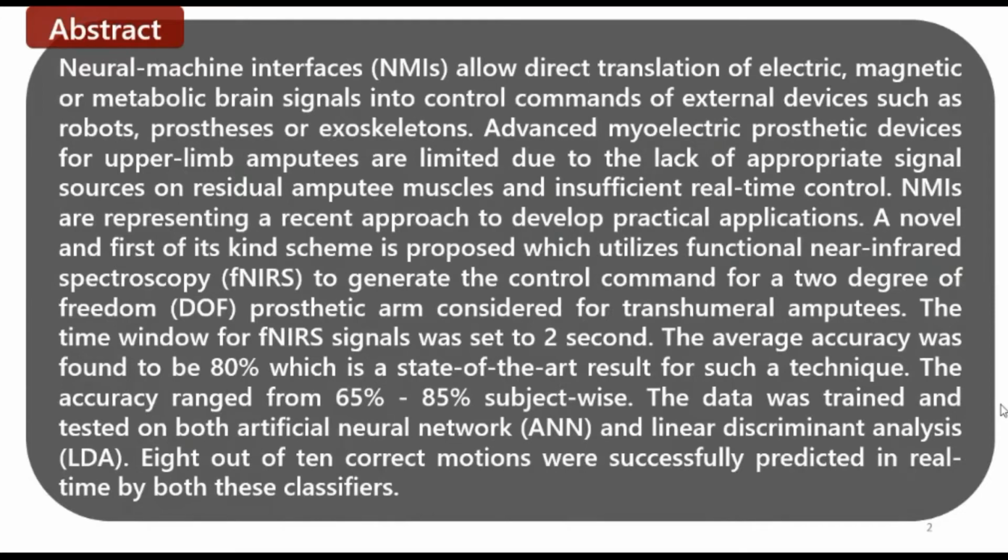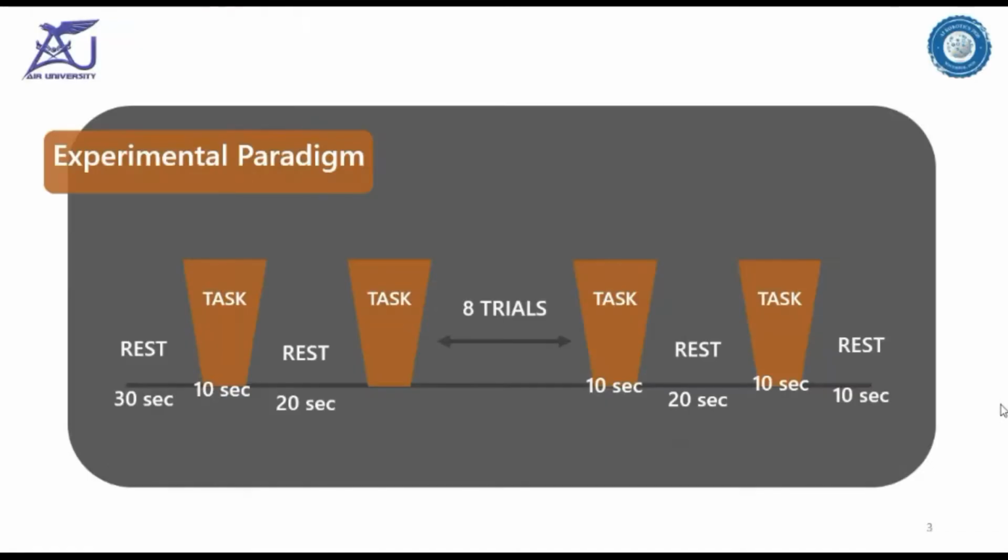We were able to acquire about 80% accuracy in real time for 10 motions. 8 motions were performed correctly using the LDA and the artificial neural network. I applied both the linear and the non-linear classifiers, as the signals are inconsistent. For most of the training and offline evaluation of the signals, it was the artificial neural network.